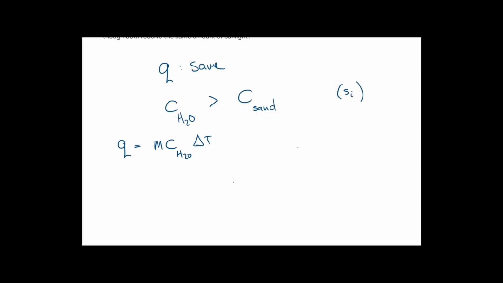I think maybe I'll explain this a bit better. So let's say that the specific heat capacity of water is 2 kilojoules per kilogram per degree Celsius, and the specific heat capacity of the sand is 1 kilojoule per kilogram per degree Celsius. And Q is 20 joules.